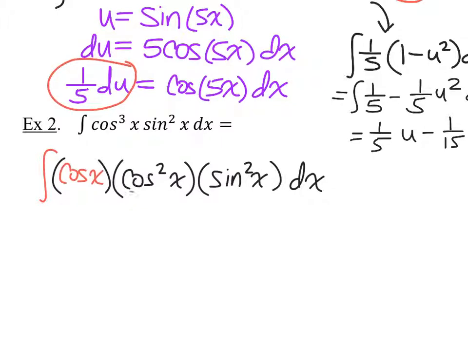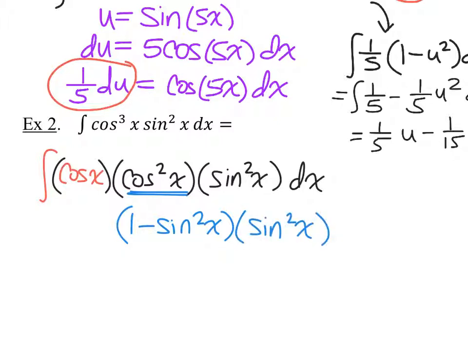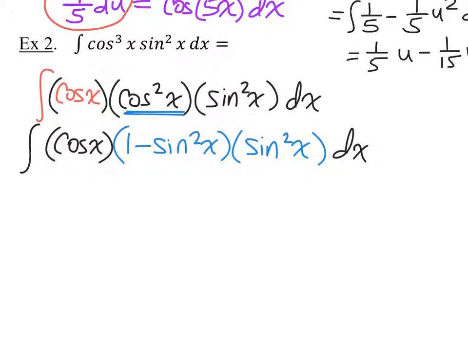And then once I do that, I can take this cosine and convert that over to 1 minus sine squared x. All right, so then you stop, take a look, and see what's going on.